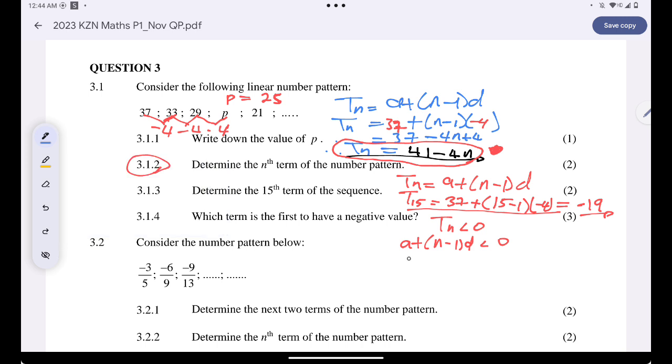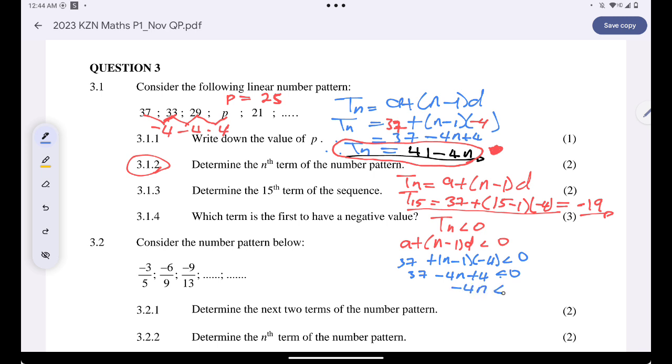The value of a is 37, n minus 1, and then I'll have 37 minus 4n plus 4 is less than 0.